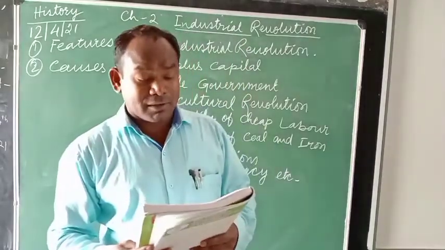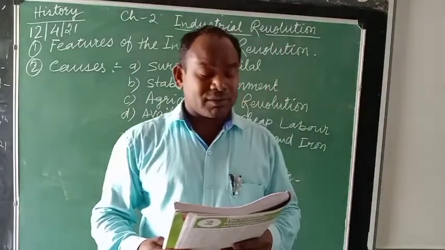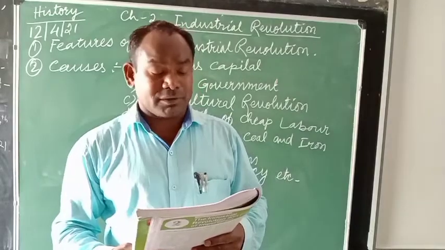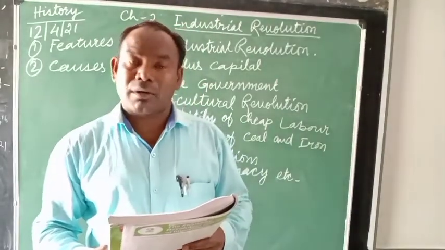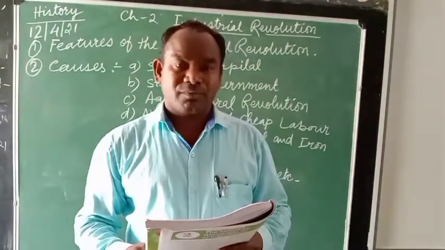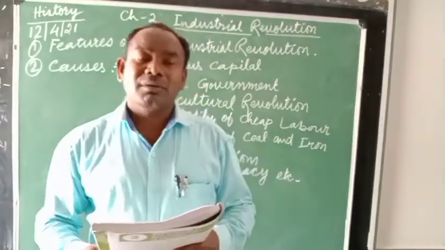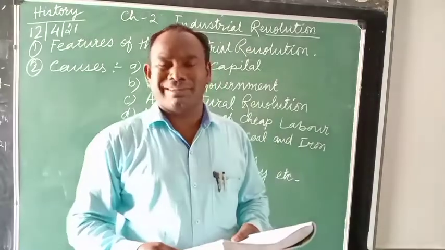These factories, including the resources of the means of production, were owned by rich merchants known as capitalists, or people who own the capital. Capitalist means the people were rich, they had huge money. Here capital does not mean the center of a country or state.